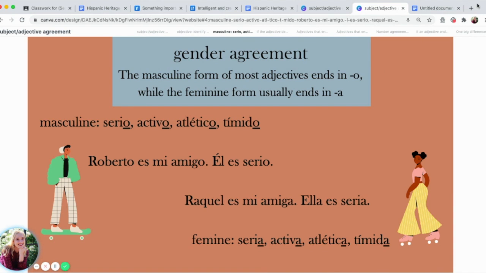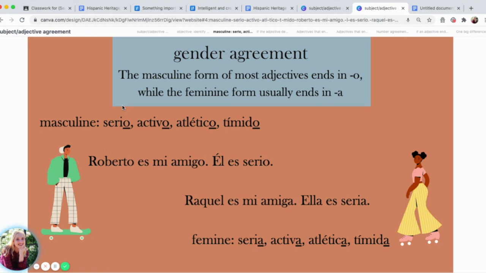So one way that we need to make sure the adjective agrees with the subject is by gender. So we learned about this a little bit, but people and objects in Spanish have a gender. Okay, in English, only people have gender, right?